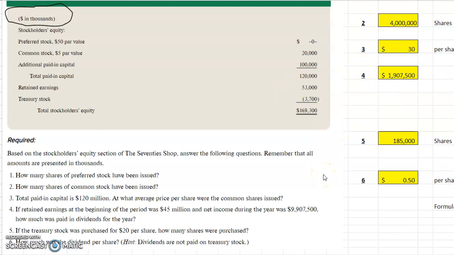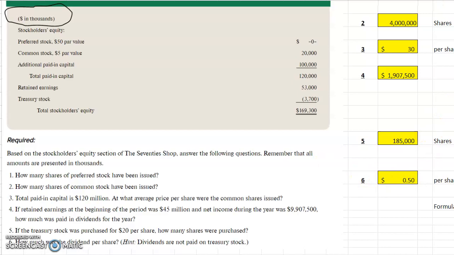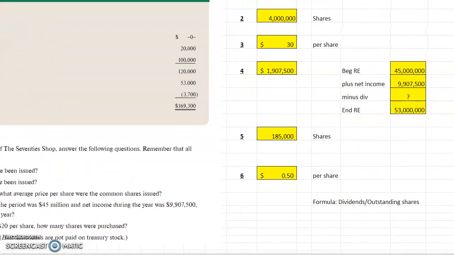Okay, number 4, if retained earnings at the beginning of the period was 45 million, and net income during the year was $9,907,500, how much was paid in dividends? To see this, I need to move my screen over a little. Beginning retained earnings, 45 million, plus net income of $9,907,500.